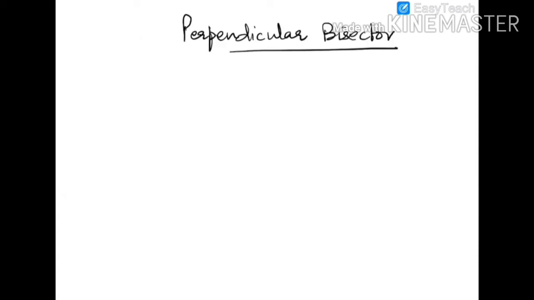We also came across the term perpendicular bisector. If I have a line AB cut by another line L such that the angle between these two lines is 90 degrees and it cuts AB at a point which is midpoint of AB.